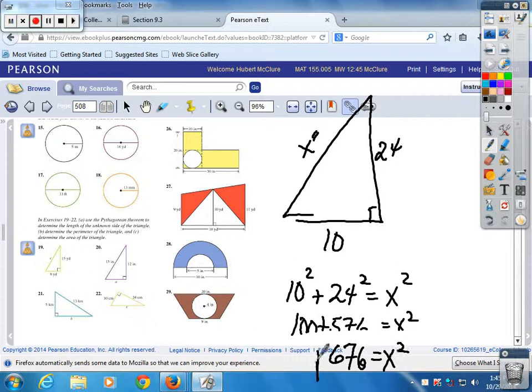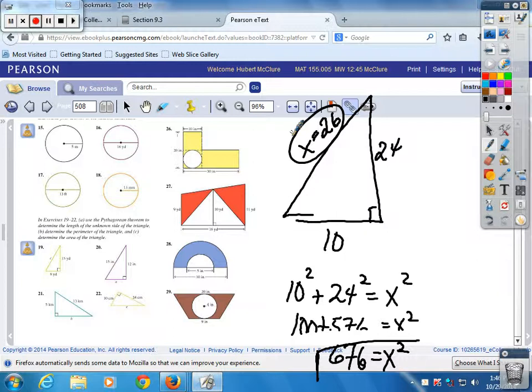Take the square root. Raise 676 to the 0.5 power. What do you get? Square root of 676 is 26. So your hypotenuse is 26. And that's how you do those four problems.